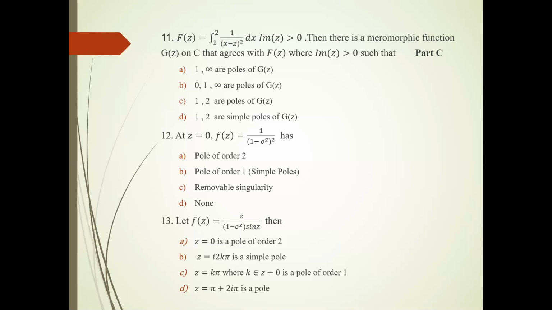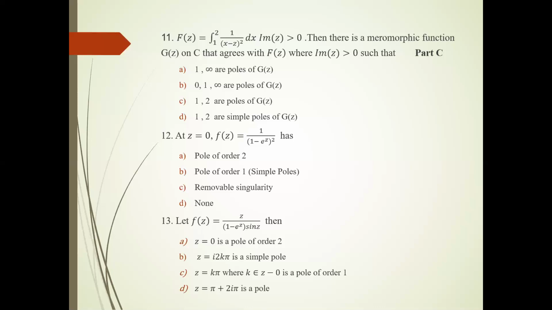If we equate the denominator to 0, we get z is equal to 1 and z is equal to 2. After finding the limit as z tends to 1 and as z tends to 2, the limits do not exist finitely, so at points 1 and 2 the function f(z) has poles. We have to check whether these poles are simple or not.